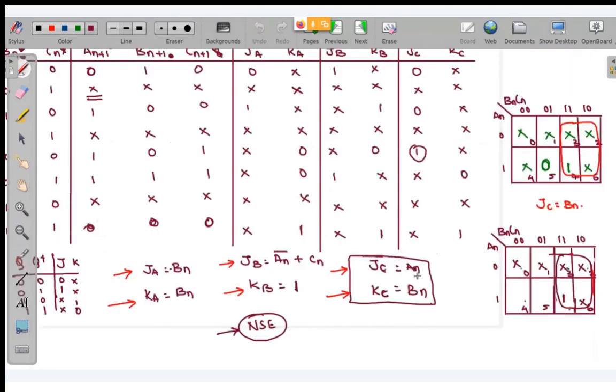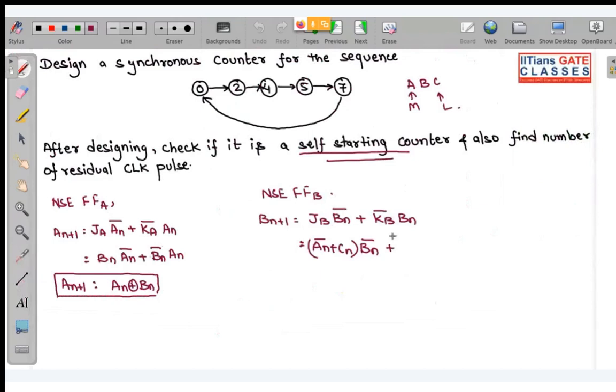Kb is 1, so that will be 0. No need for writing because it is 1, so 1 complement will be 0. So this will be An complement Bn complement plus Bn complement Cn. This will be Bn plus 1.